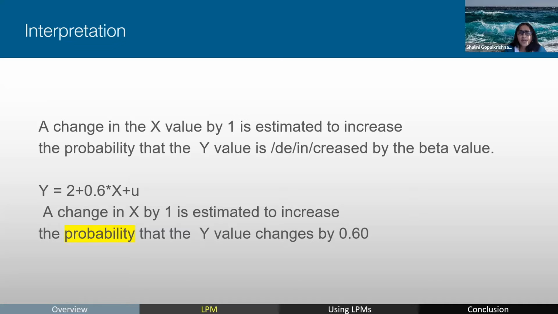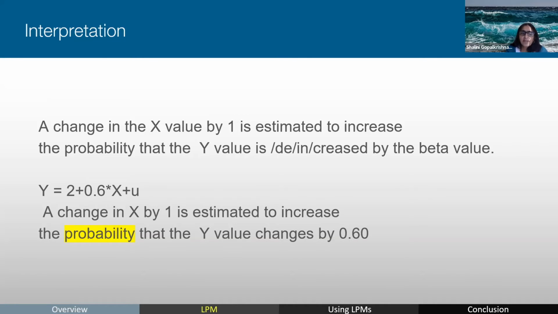So what is the interpretation? Let's take a simple one. A change in the X value by 1, similar to regression, is estimated to increase or decrease the probability that Y equals 1 by the beta value. So remember, it could be positive or negative. The focus is on the probability.